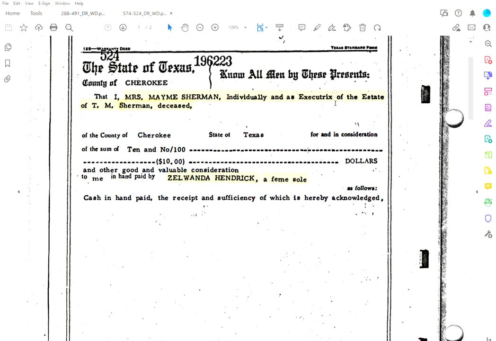So if we know a married person is selling property all by themselves, we will presume they're only selling 50%, only their one-half community interest, and we will presume that the other 50% is still out there in the ether waiting to be conveyed. So that's a really important distinction.